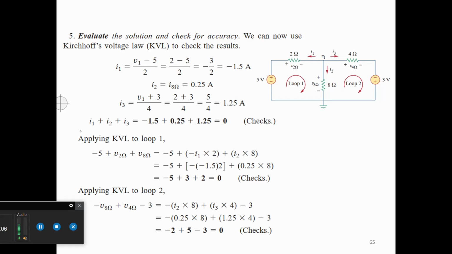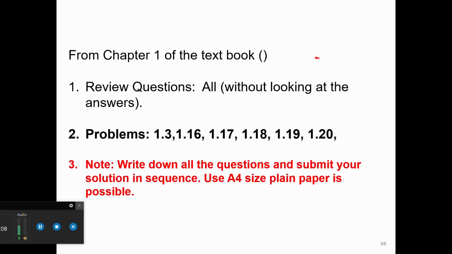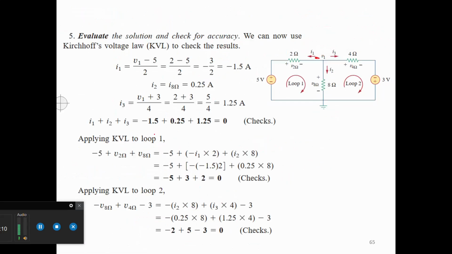Now you can recompute this answer by using KVL, Kirchhoff's voltage law. So this loop is taken as minus 5 plus V2 plus V8 equal to 0. We know minus 5. We know V2.